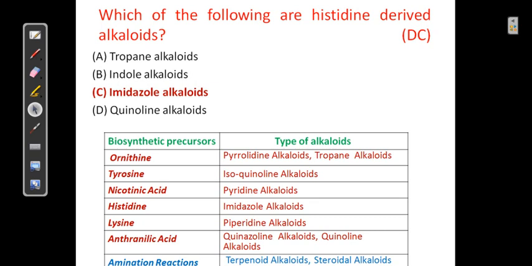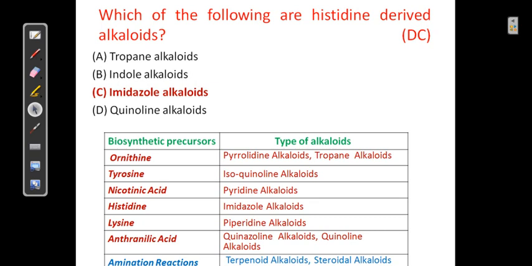See here, histidine. Imidazole alkaloids are derived from the amino acid histidine. This table contains biosynthetic precursors and types of alkaloid.